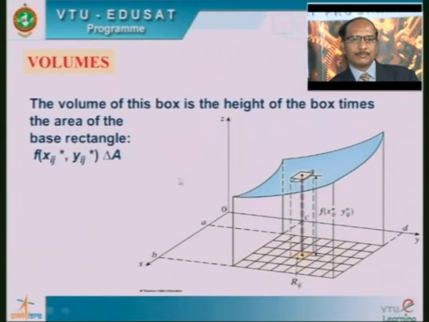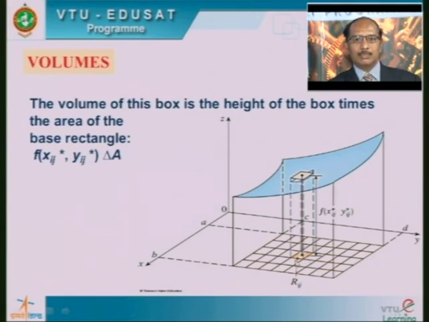Now the volume of this box, everyone knows what the volume of a box is: the height of the box times the area of the base rectangle. It is very simple. The volume is equal to the area of the base rectangle and its height. We have taken one arbitrary small rectangle, Rij, as the base of the box.